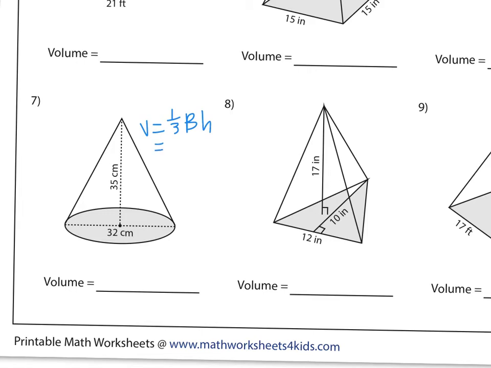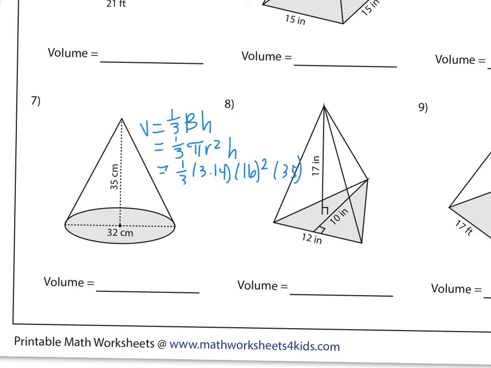That equals 1/3 pi r squared height, 1/3 3.14. Our radius is 16. The diameter shows 32, so it's half of that. So it's 16 squared. Our height is 35.